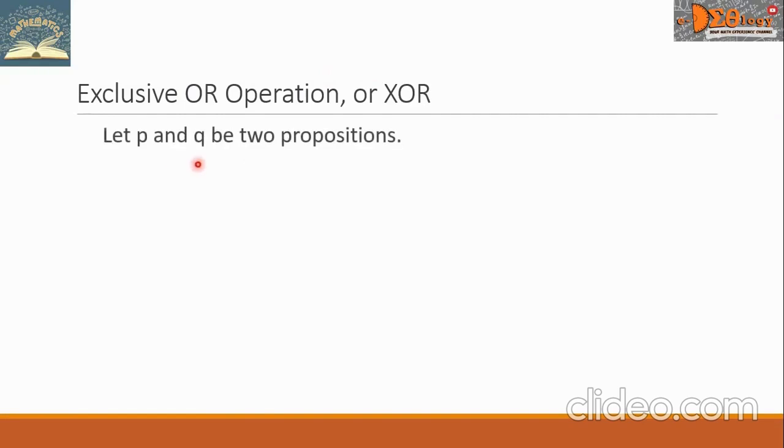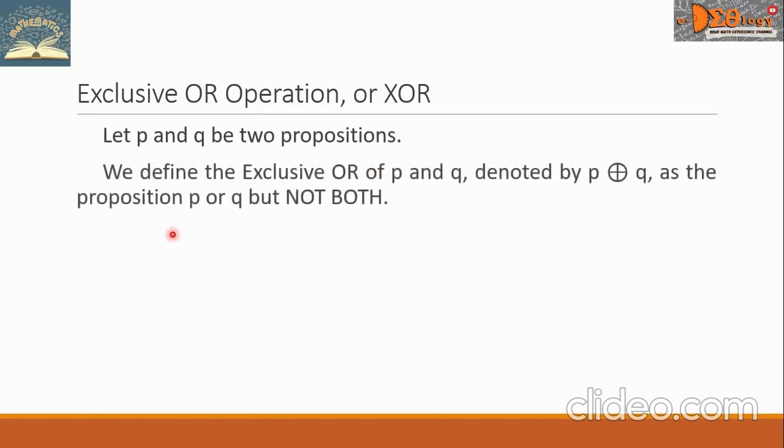Let P and Q be two propositions. We define the exclusive OR of P and Q, denoted by P XOR Q, as the proposition P or Q, but not both.